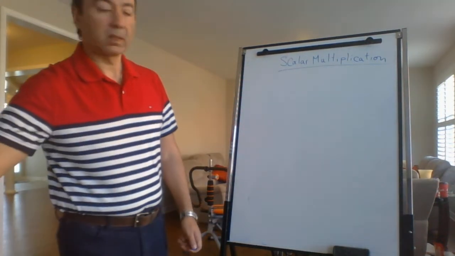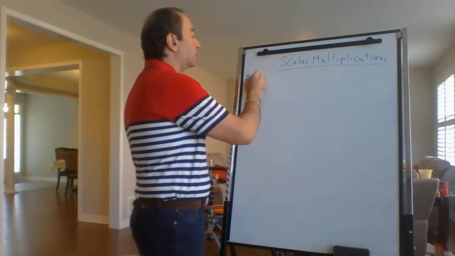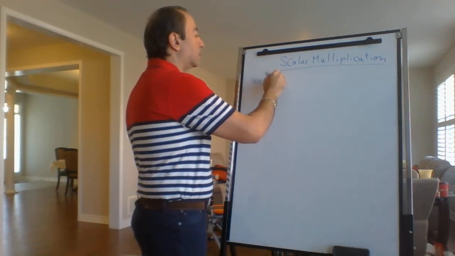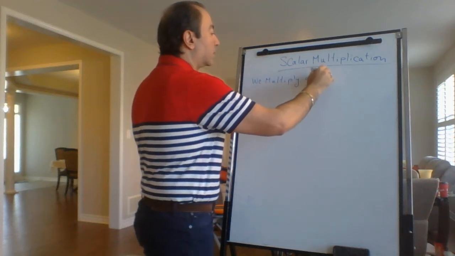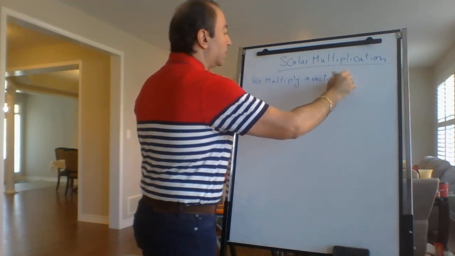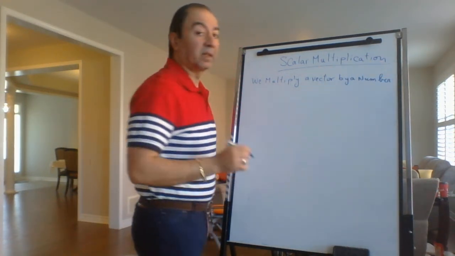What does this mean? It means when we multiply a vector by a number, what is the effect of that?